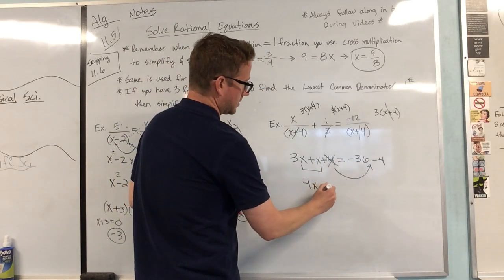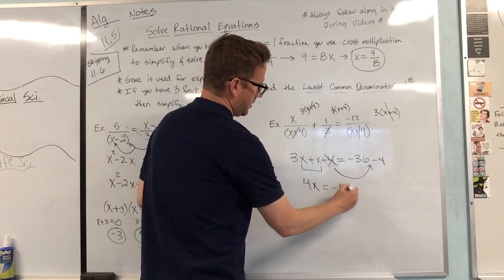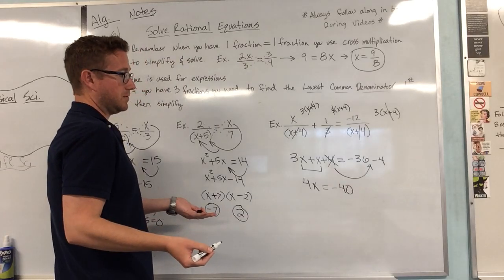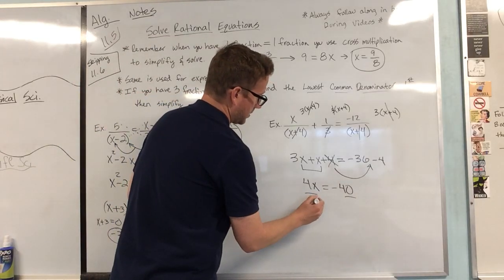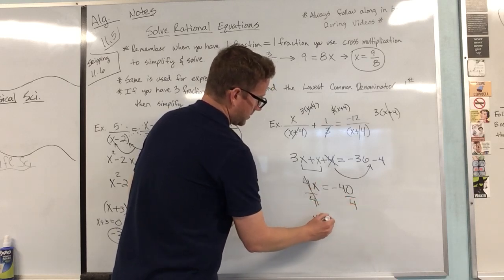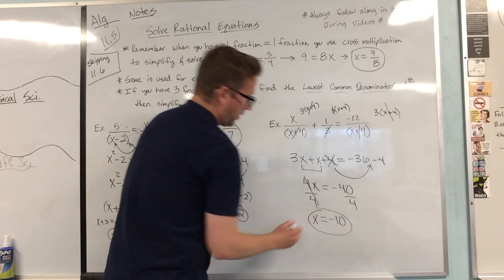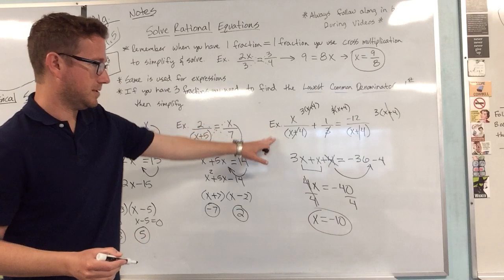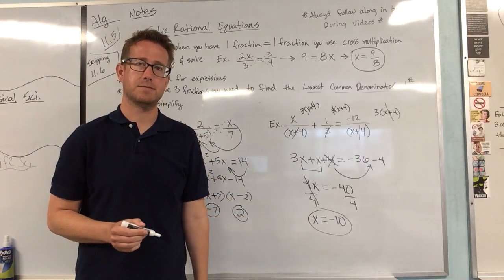A 4x equaling a negative 40. And now we're simply down to 4x equals negative 40. Divide 4 on both sides. And you're looking at x equaling a negative 10. All of this up here simplifies down just to x equals negative 10.